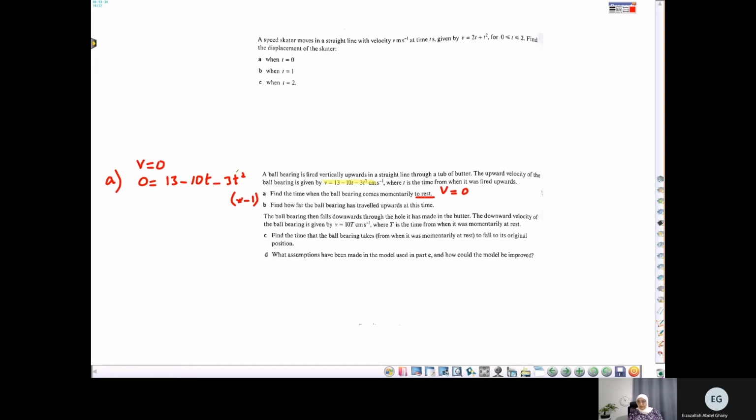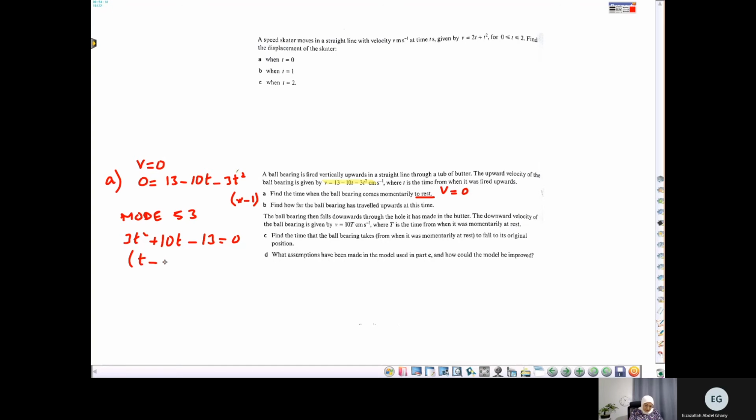As you know, the calculator can solve quadratic equations by mode 5, but we have to show the method, whether by factorization or by quadratic formula or by completing the square. So now it is 3t squared plus 10t minus 13 equals 0. When you click mode 5, 3 equals 10 equals negative 13 equals, we have two answers.